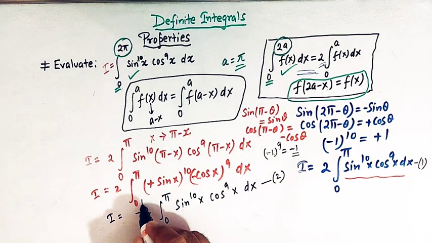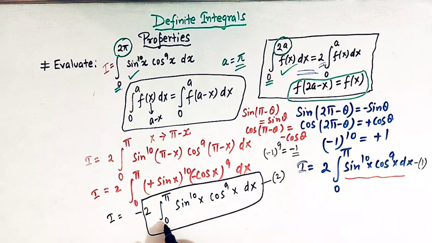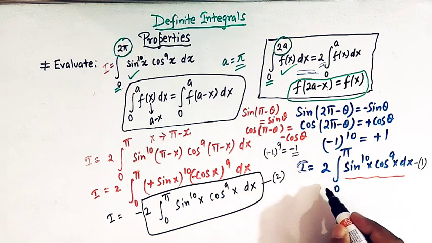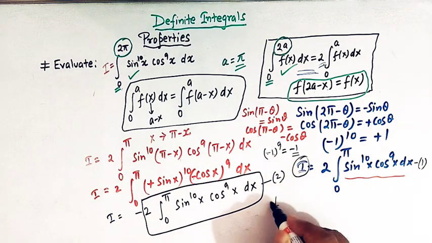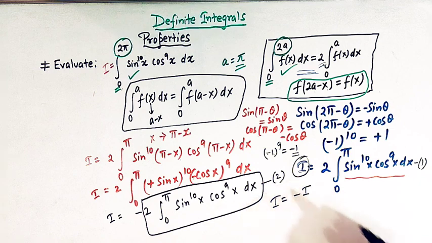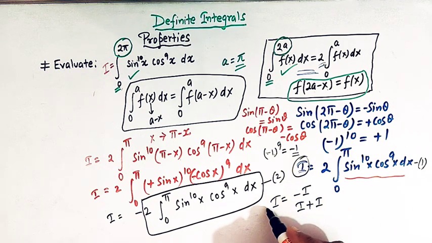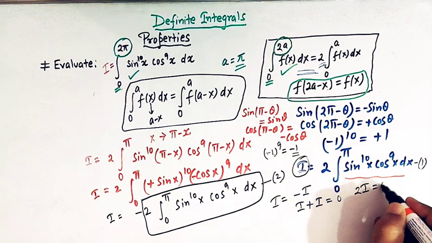Now we can see that this portion, that is 2 times the integral from 0 to pi of sine raised to 10x cos raised to 9x dx, is our I. So I is now equal to minus I. Taking minus I to the left hand side, we have 2I is equal to 0.